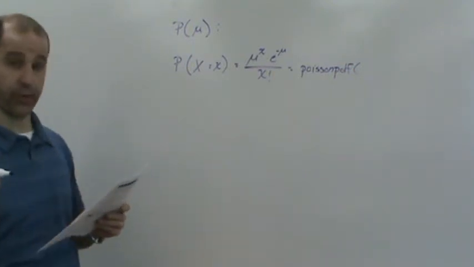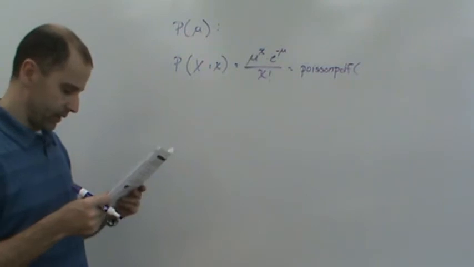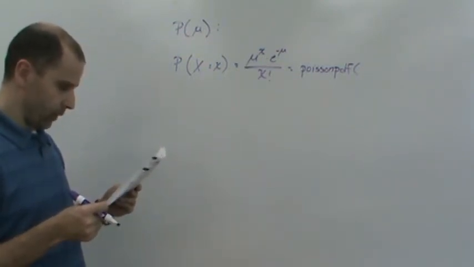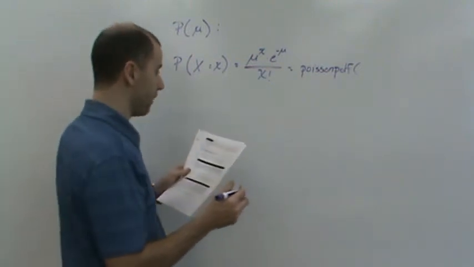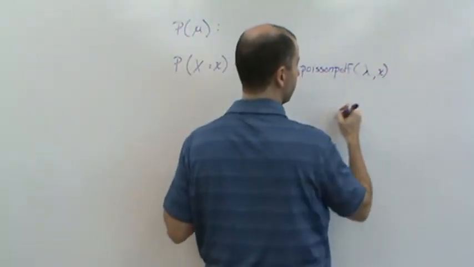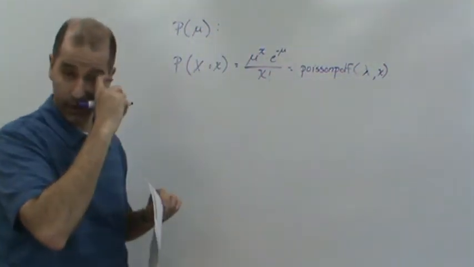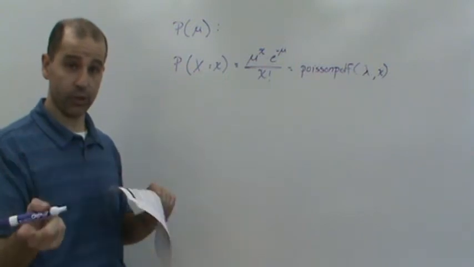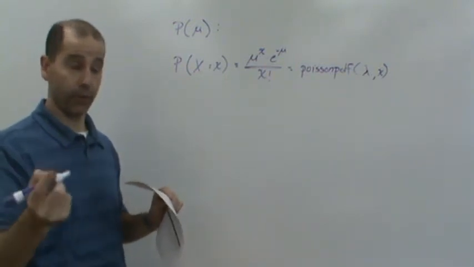So it's going to ask you for two things, lambda and x. But in this case, lambda is the same as mu, okay? So just be aware of that. So it's going to be lambda, x, right? So that's what your calculator is going to ask you for. Remember I said some textbooks use lambda versus mu. Well, lambda and mu are the same thing.